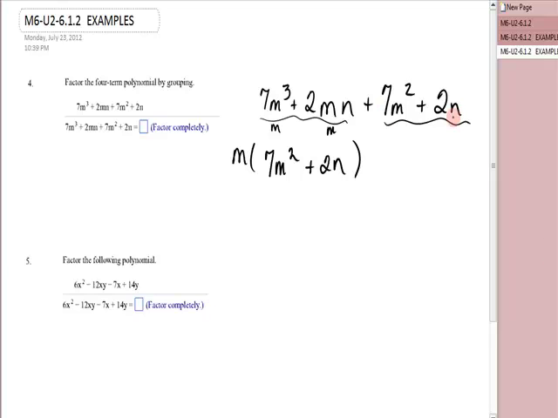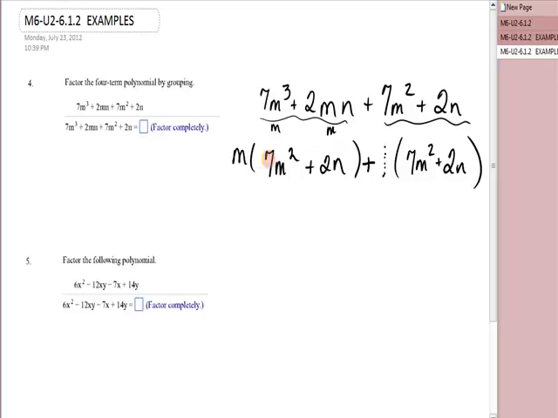In the second group, 7m squared plus 2n, they don't have a common factor. So all I can do is put a 1 in front of that. All right, so that's what I do when I have 2 terms that don't seem to have anything in common.